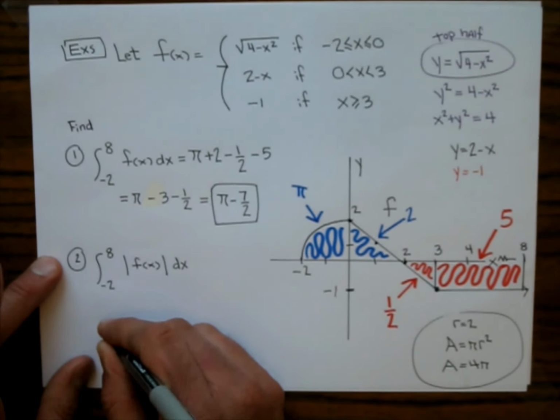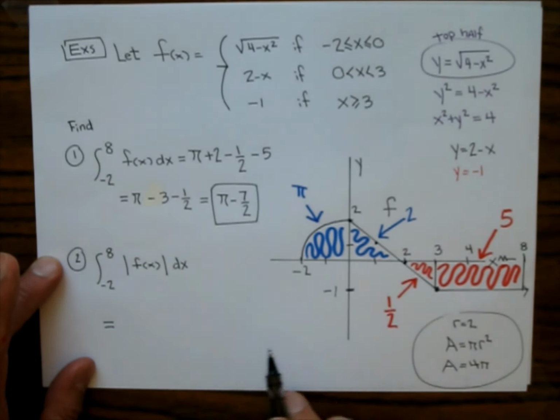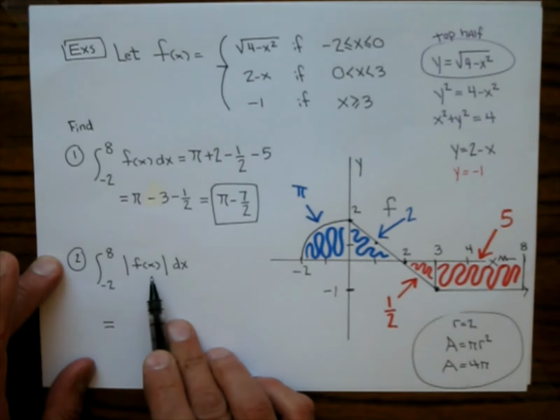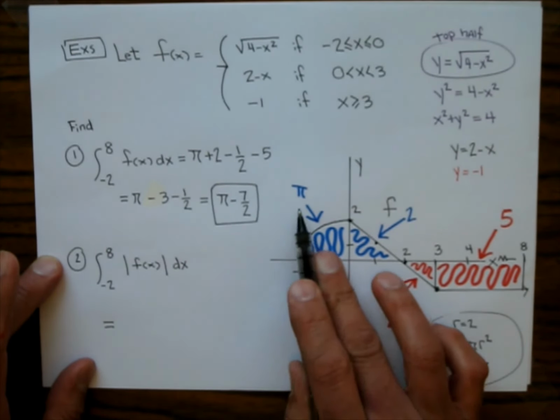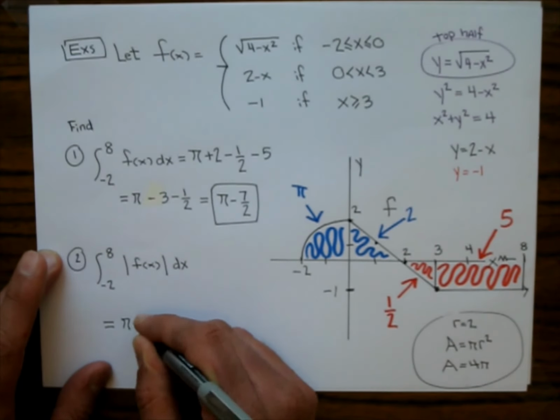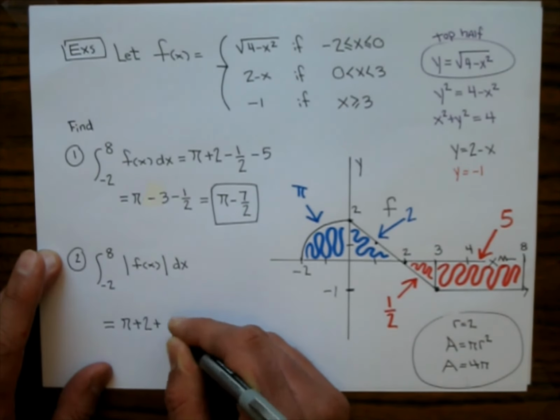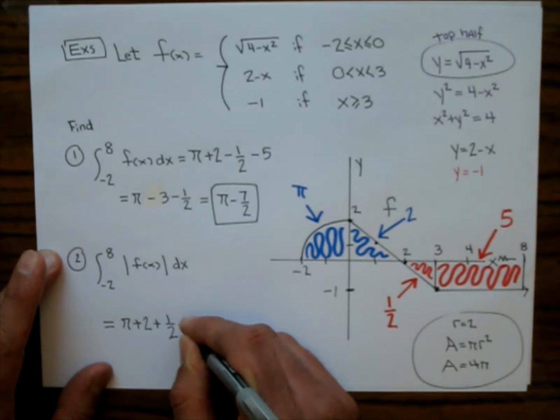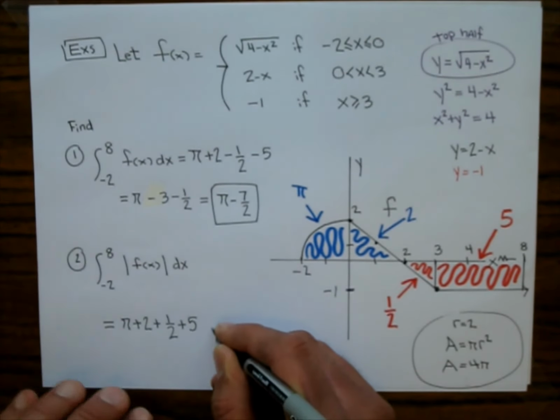Now, this one won't be that hard because most of the work is done. This is really asking for the total area, which then I would actually add all those numbers up. So this is going to be pi plus 2 plus 1/2 plus 5.